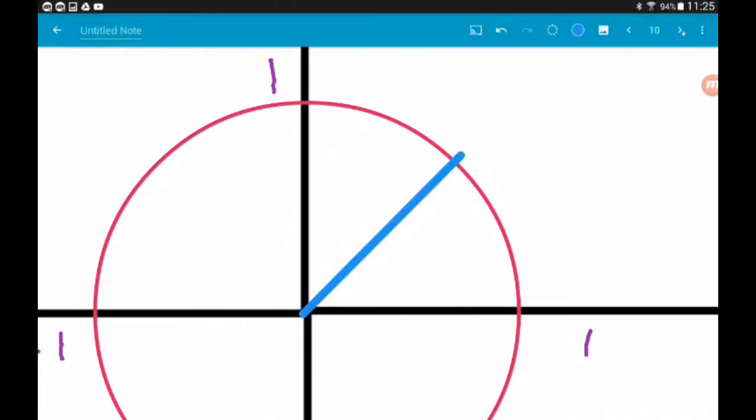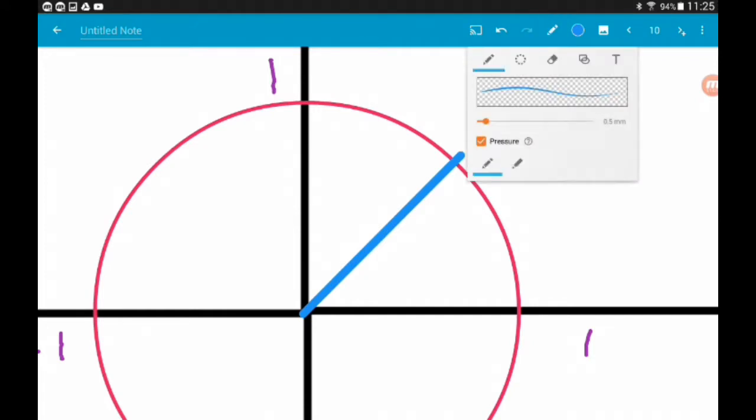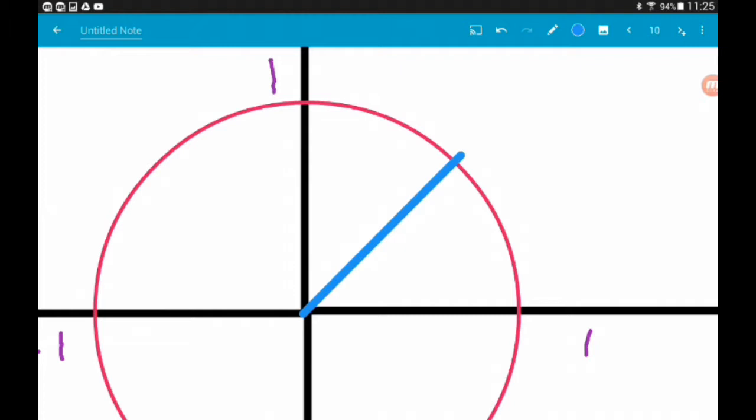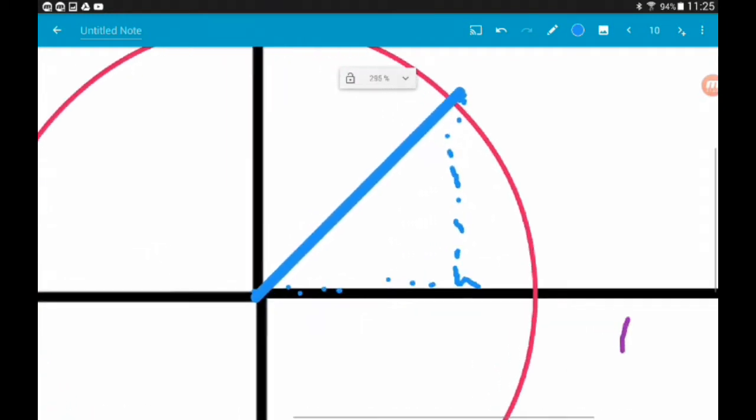Well, using this radius we can actually turn this into a right angle triangle.